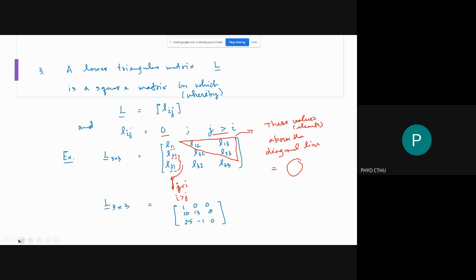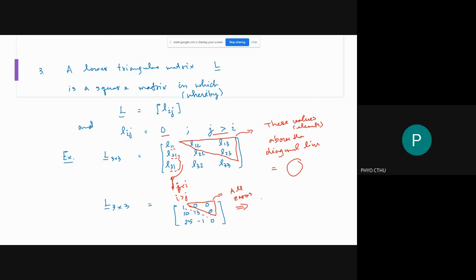Well, we need to take a look at the values above the diagonal line. This is the diagonal line, right? Are these values all zeros? If they are all zeros, then we say that it is a lower triangular matrix. So we only consider the values above the diagonal line. Other places are okay. They can be whatever.